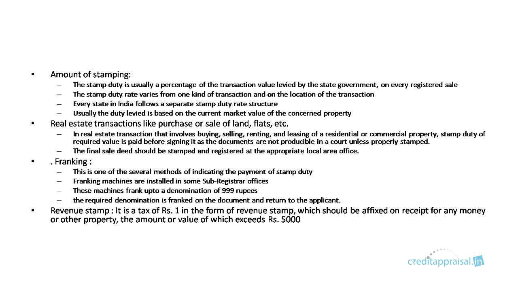So for example, if somebody has paid a wage above 5,000 in cash, the revenue stamp serves as proof of receipt of the money. The person who has taken the money will affix his signature on the revenue stamp. That is evidence that he has taken that amount from the person who has given the money.